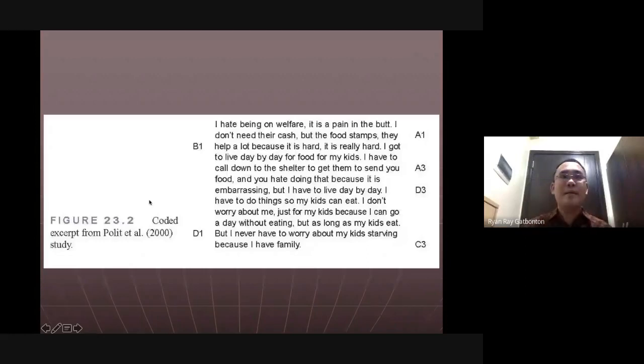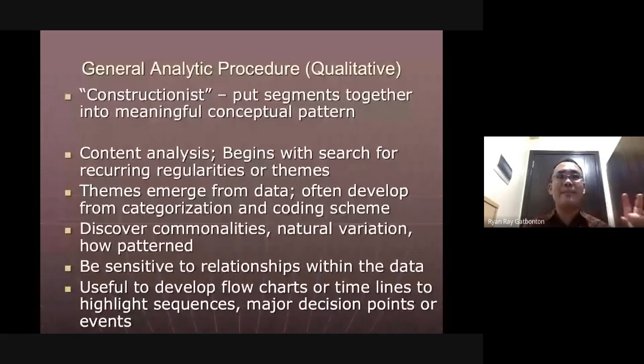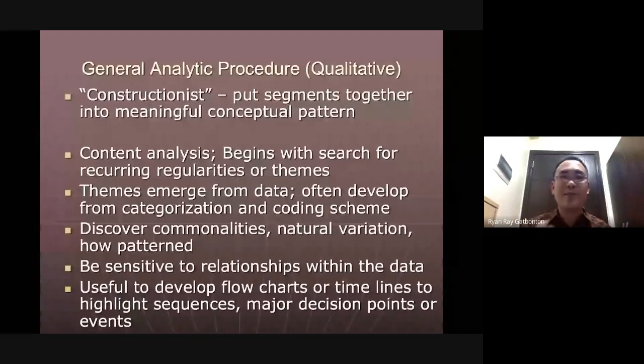Now, the general analytic procedure for qualitative data is actually a constructionist approach. Kung kanina yung pagmamanage ng data is reductionist, sa qualitative data, pag inanalyze mo na siya, constructionist. It means that when you analyze qualitative data, you build something new out of what you have reduced.